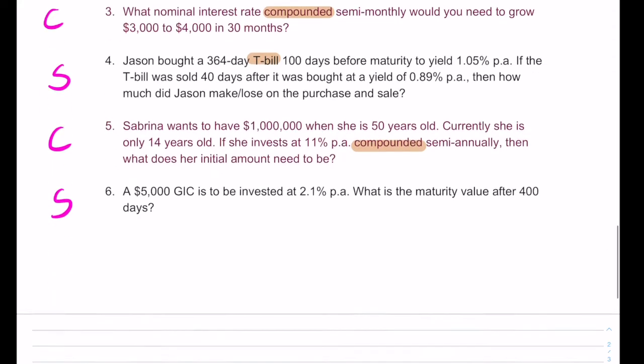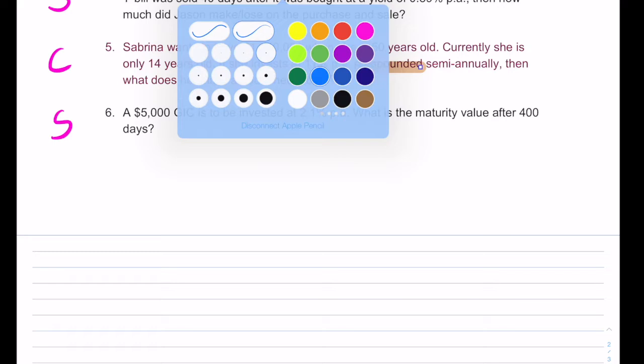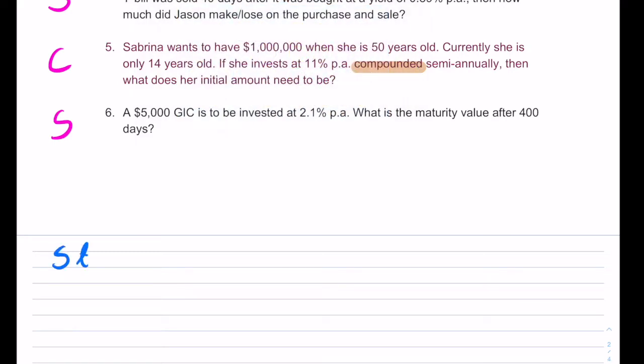All right, so that's what I'm going to put here. In terms of step number 1, as you are solving any questions dealing with compound and simple interest, figure out: is it compounding or is it simple interest? That's what you have to know.